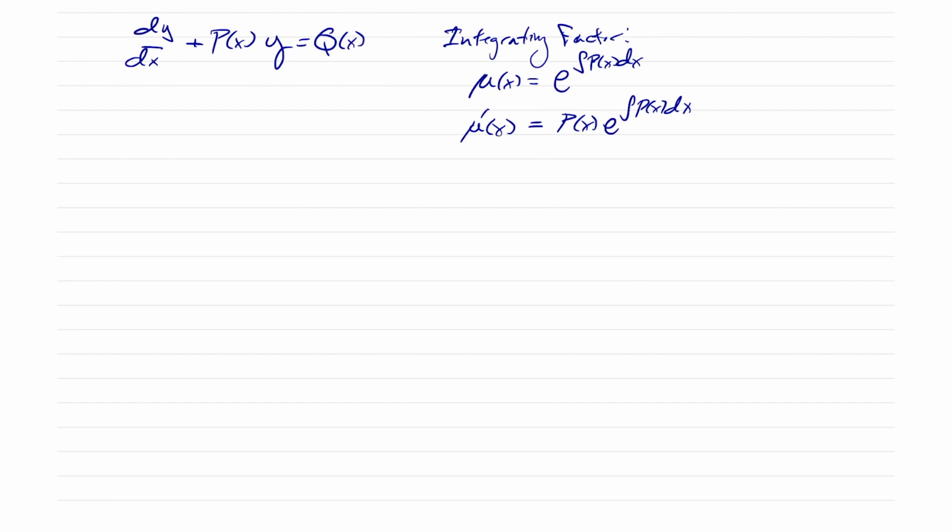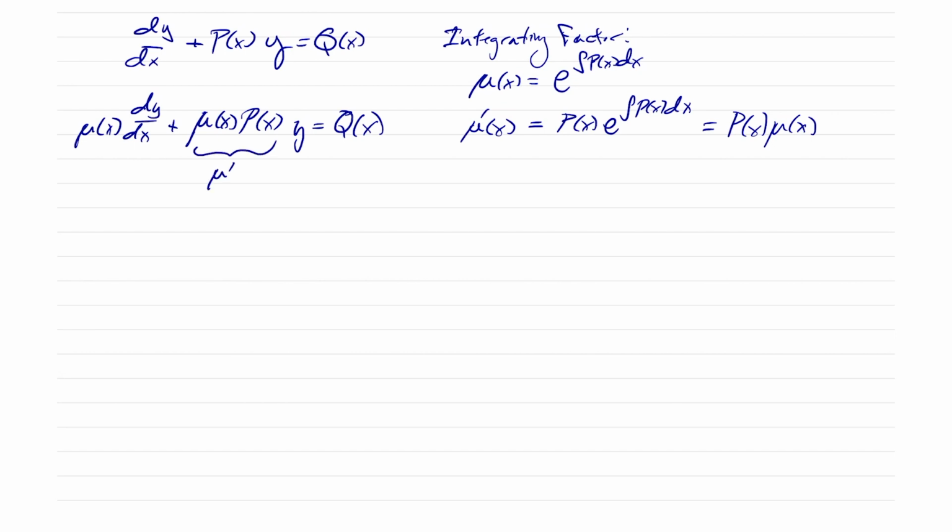So then what we notice is that this is just p of x times mu of x. And so if I was to multiply mu of x by both sides, what we see here is that this guy is just mu prime.